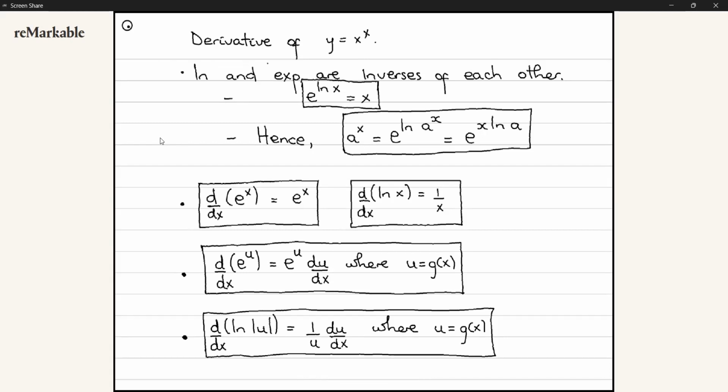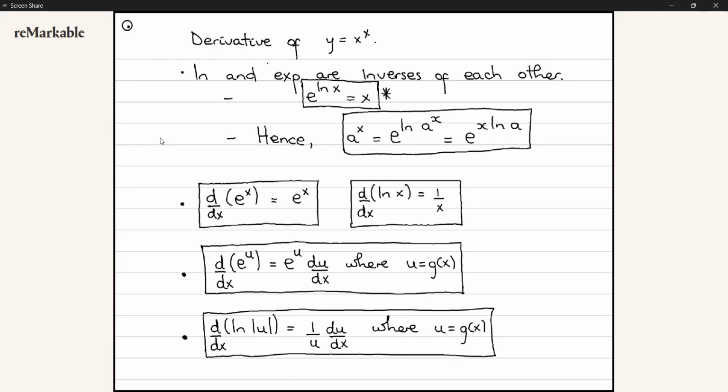One fact is that the natural log and the exponential function are inverses of each other. And one thing that comes out when functions are inverses of each other happens when we compose two functions. If I input x in the natural log and then I take the exponential, I get back to x.